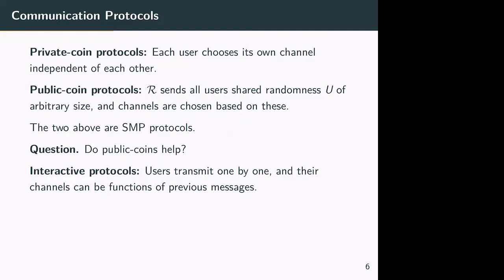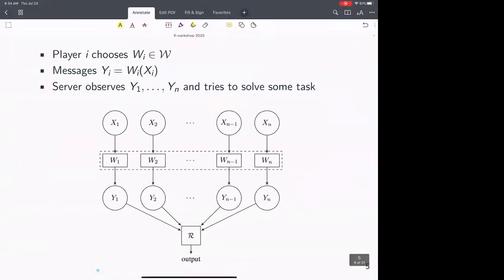And now, of course, you can ask, what about interactive protocols? What are interactive protocols? Basically, the users transmit one at a time, and their channels can be a function of what was done before. So let's just look at this picture. Here, I can say that player 1 sends their message, and now player 2 is able to observe what the first message was and uses it to figure out its channel.